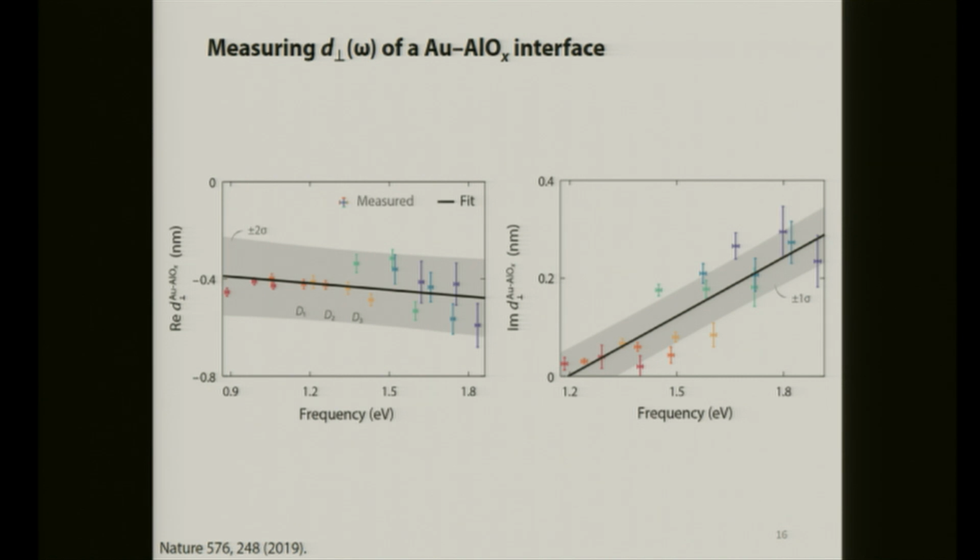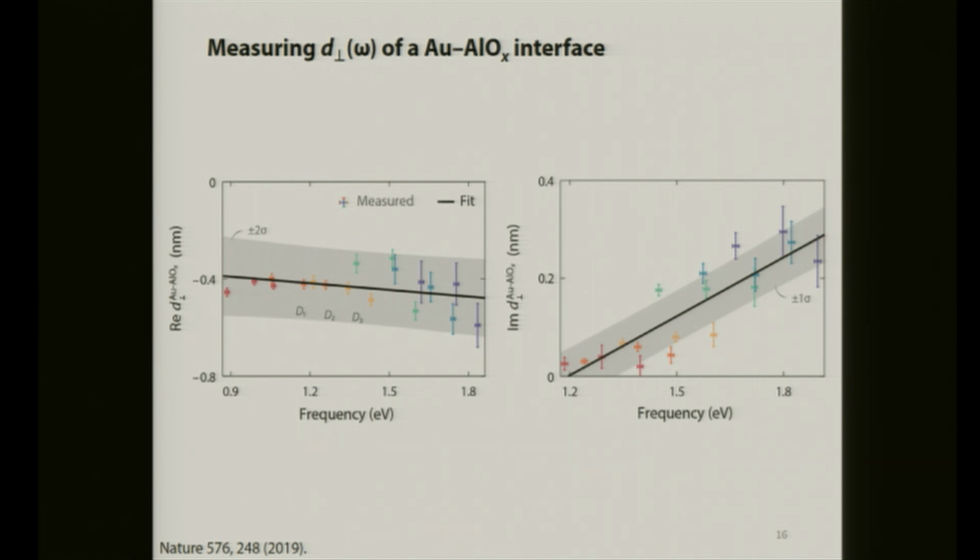What we find is that the real part of the D parameter is very dispersionless, while the imaginary part of the D parameter is very dispersive. It starts from less than 0.1 nanometers and increases up to around 0.3 nanometers for the visible wavelengths.